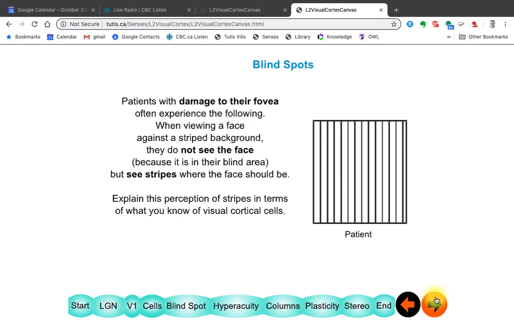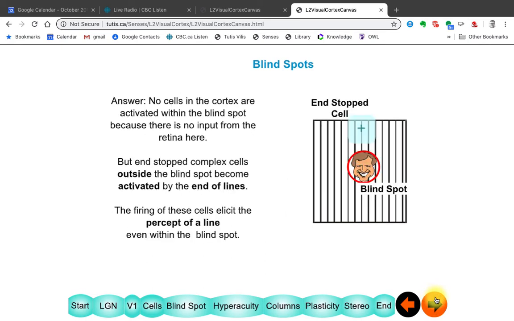Well, the fact that he can see these lines is the property of end-stop cells. Imagine you have an end-stop cell up here, and it would notice that this line ends here, but there'd be nothing over here to indicate that the line ends here. The only place it would end again would be way down here, if he's got a blind spot.